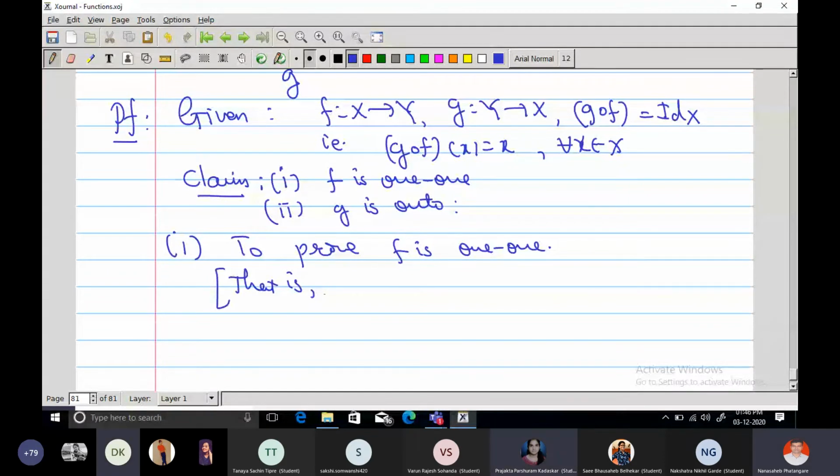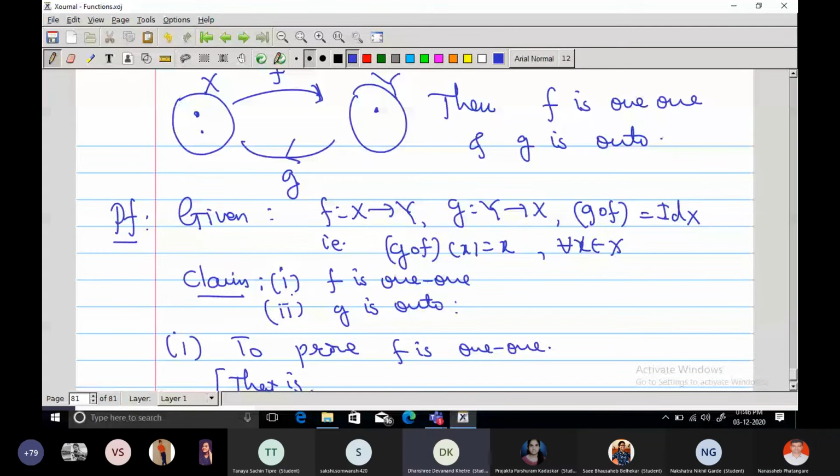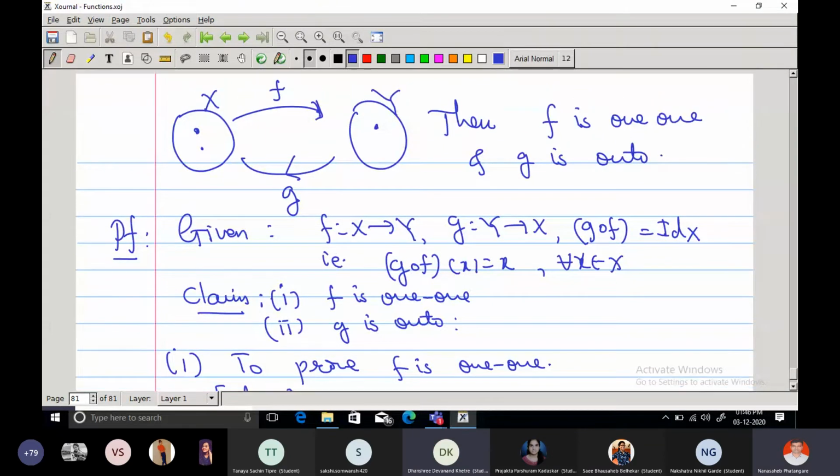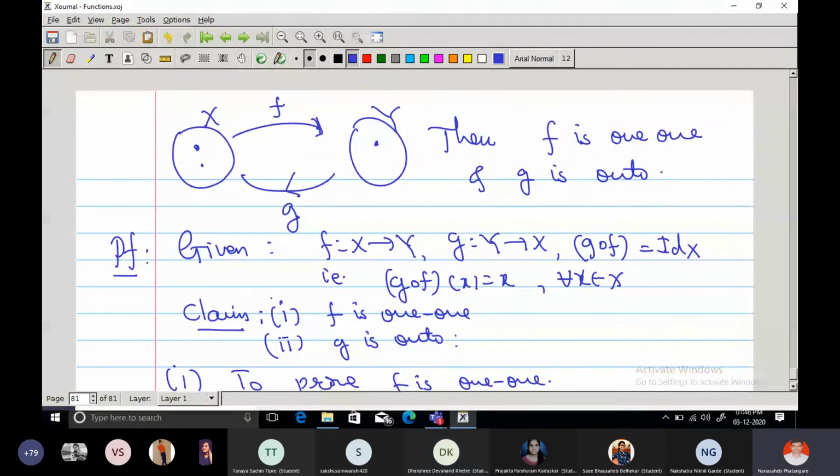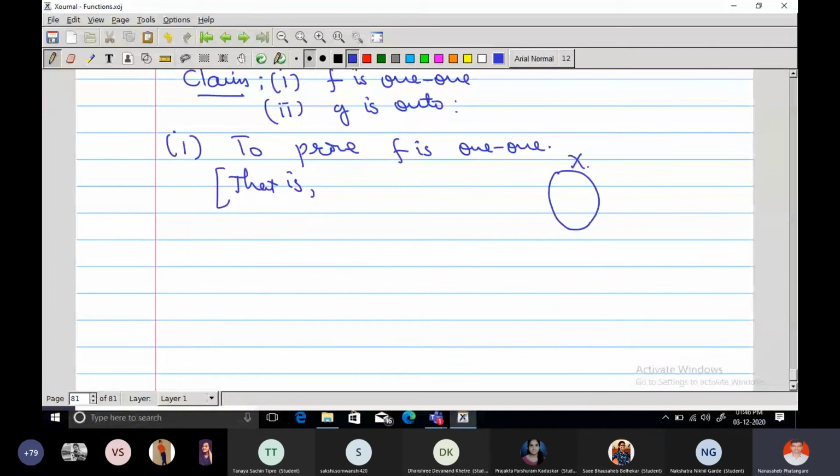For every element of X, there is a unique element in Y. So distinct elements are mapped to distinct elements, right? What we need to prove is: if x1 and x2 are two elements in the domain that are not equal, then their images are also not equal. This is the meaning of 1-1. Am I right?